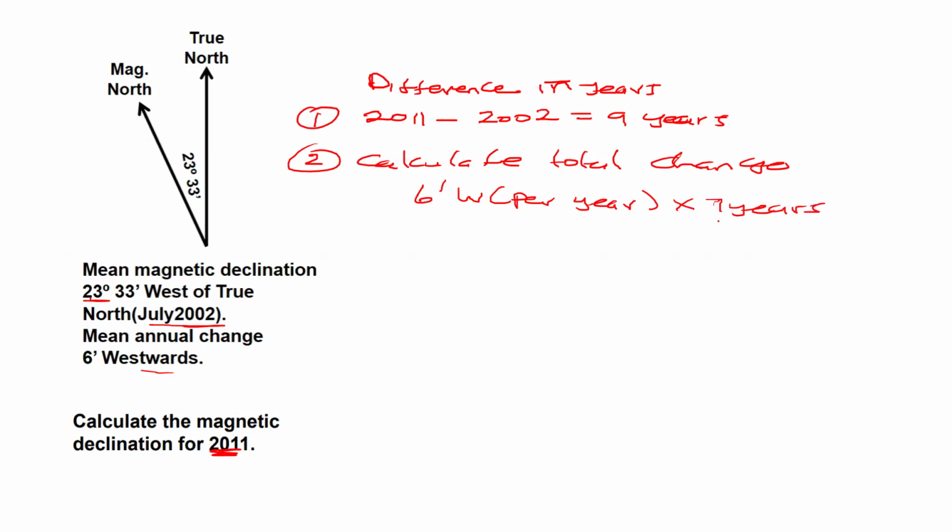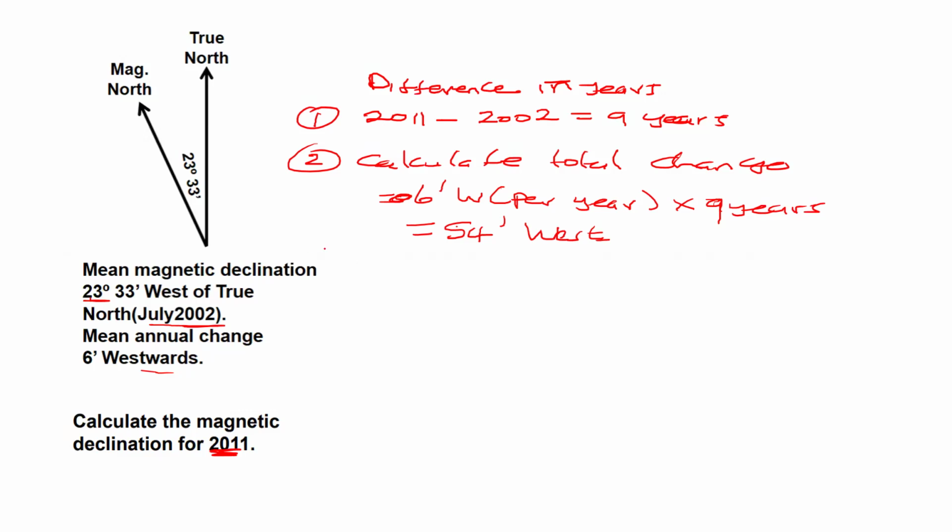Not 7 but 9 years, sorry, multiply by 9 years. And then 9 times 6, you will get 54 minutes west, or westward.